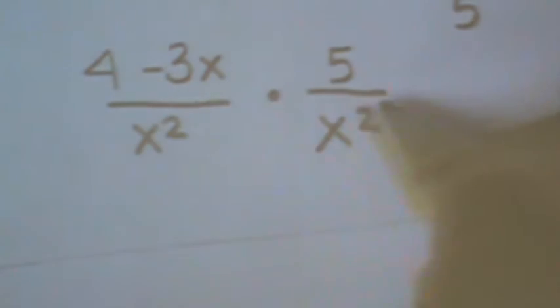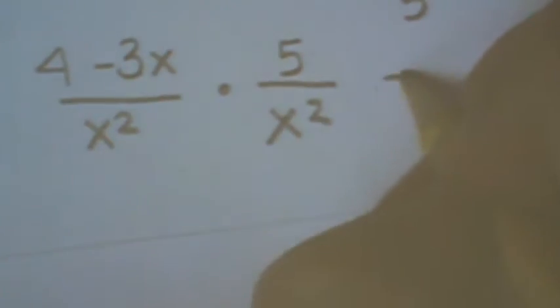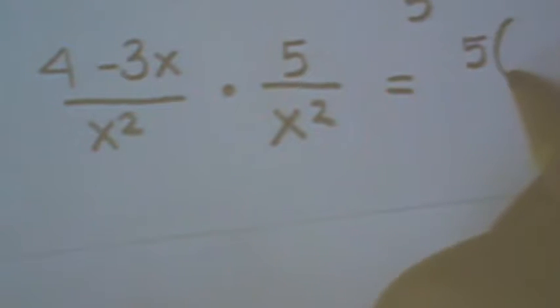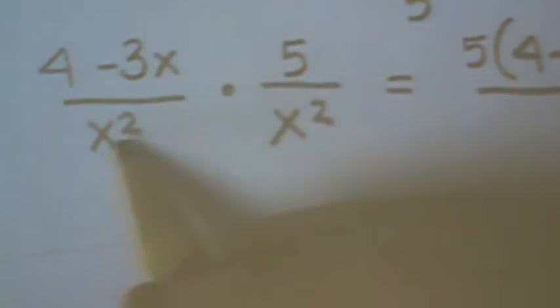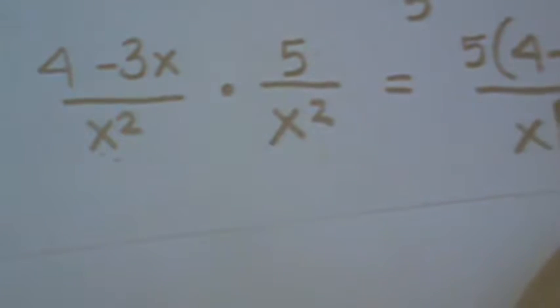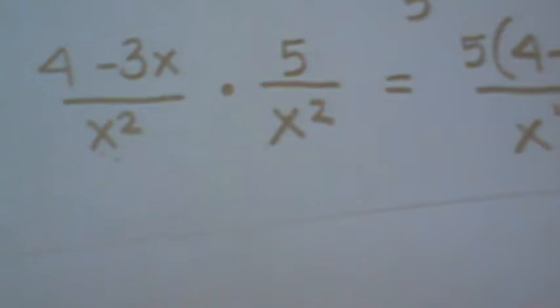If I had an x squared up here, they would cancel. Remember how we canceled them on the first day? So technically, there's nothing that cancels. So your answer is simply 5 times 4 minus 3x over x to the what power? 4. When you're multiplying, you add exponents.